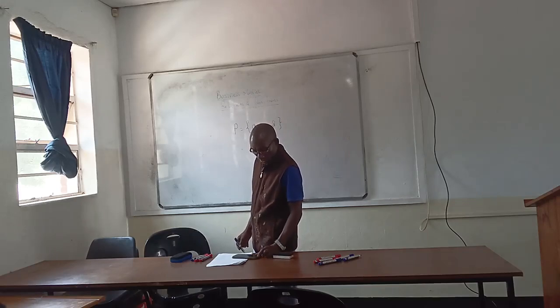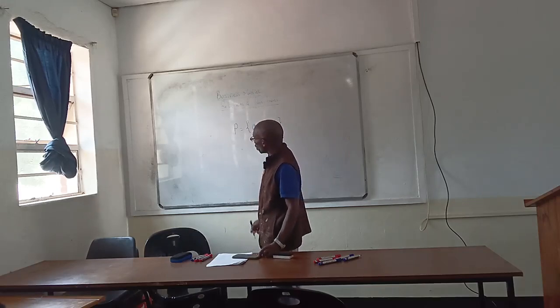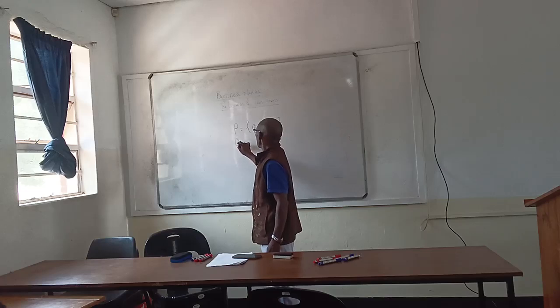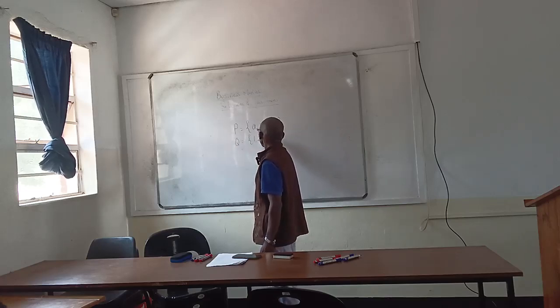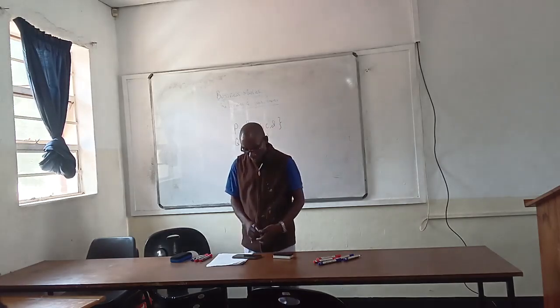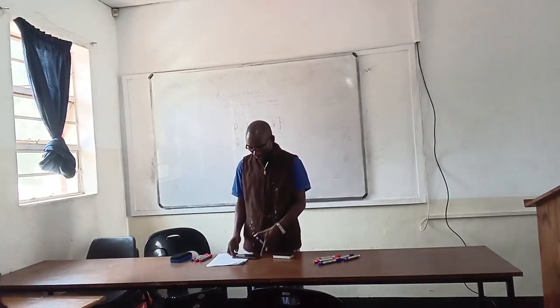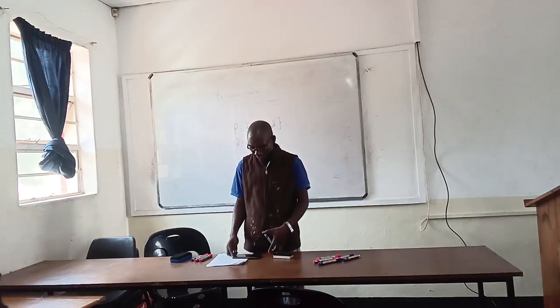That is set P. And set Q has elements 1, 2, 3. Let's relate that. The relation, which we are calling R, all right?